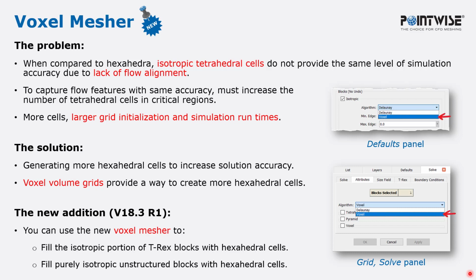If you go to the defaults panel right here, you can actually see that inside the isotropic blocks frame, there's an algorithm option with a pull down list with two options, Delaunay and voxel. In our case, we're going to use the voxel option. Also, inside the grid solve panel, in particular going to the attributes tab, you can see that they have the exact same algorithm option with the pull down list.